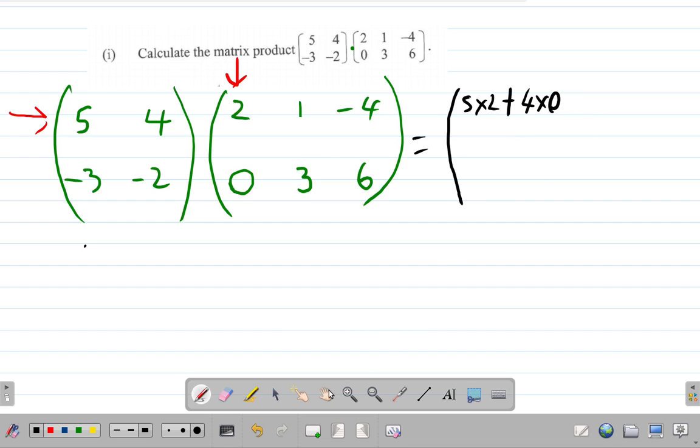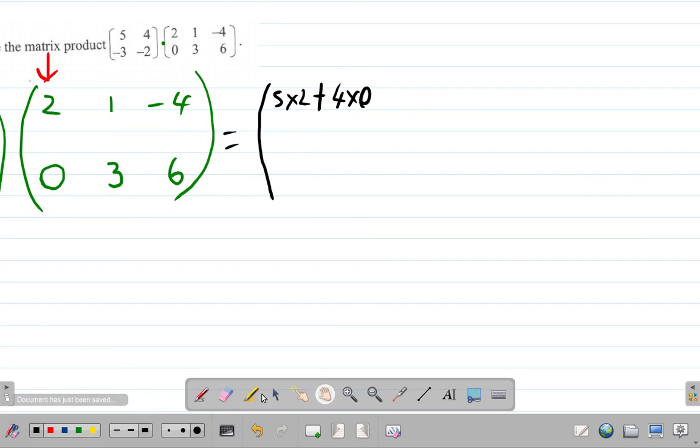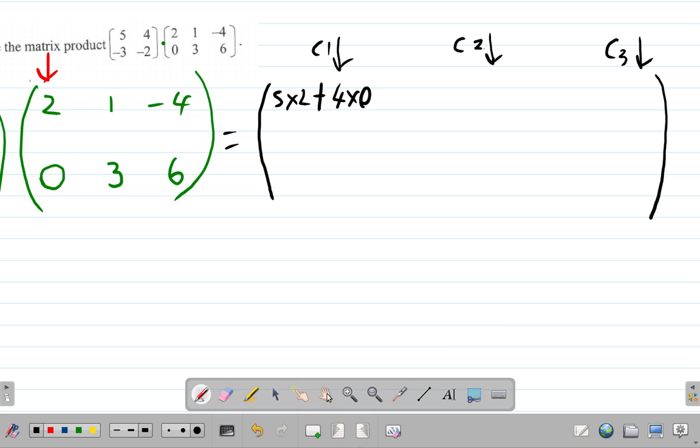Notice in the matrix that is going to be the answer, this is column 1 going down this way. Then we will have column 2 going down this way. Then column 3 going down this way. You see that?